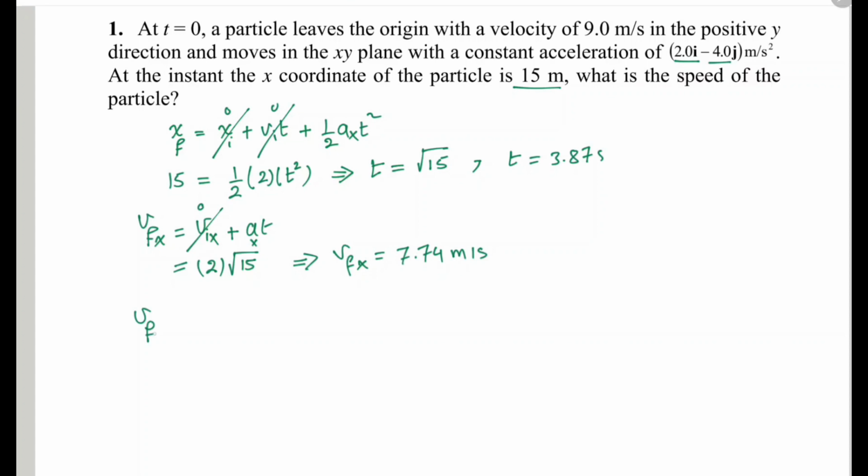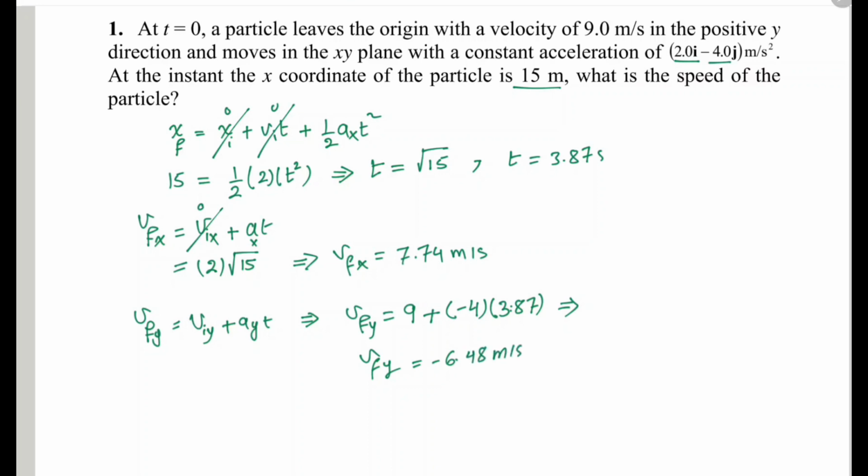Now the final v_y equals the initial v_y plus a_y t, in other words the final v_y equals 9 plus minus 4, this is the a_y here, it's minus 4 times 3.87, the time, and the final v_y equals minus 6.48 meters per second.